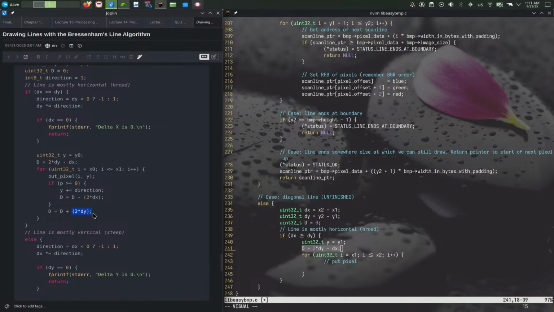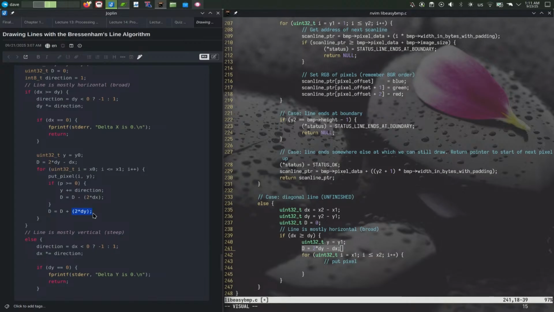So whether or not y increases, for the next iteration, the decision variable should also gain 2 times the overall change in y.